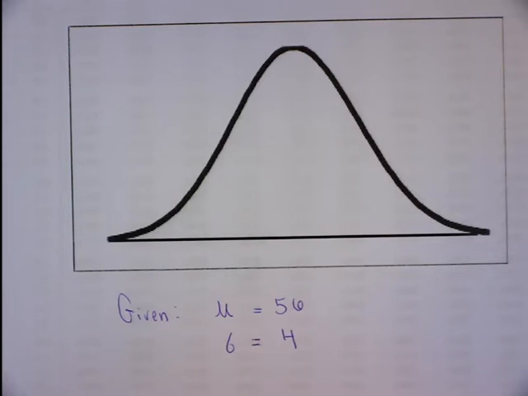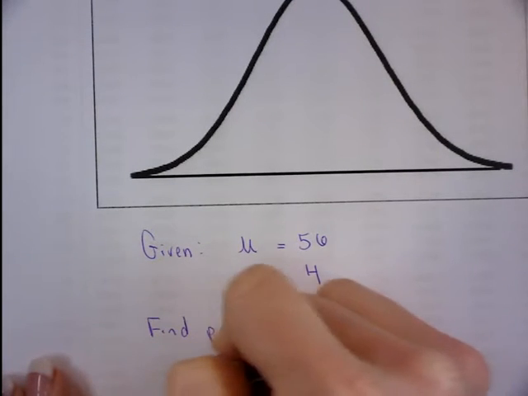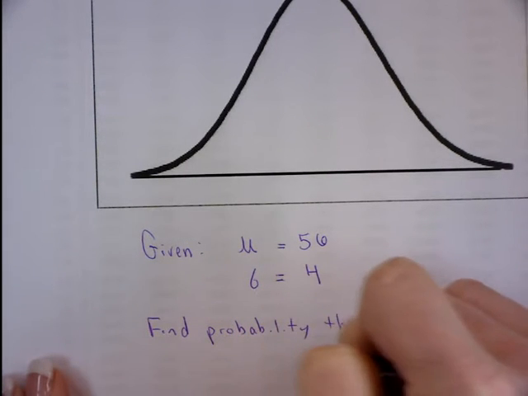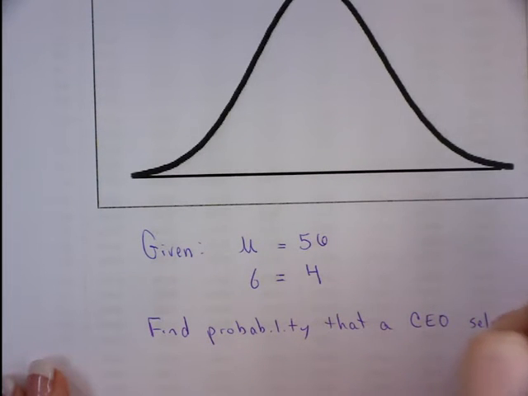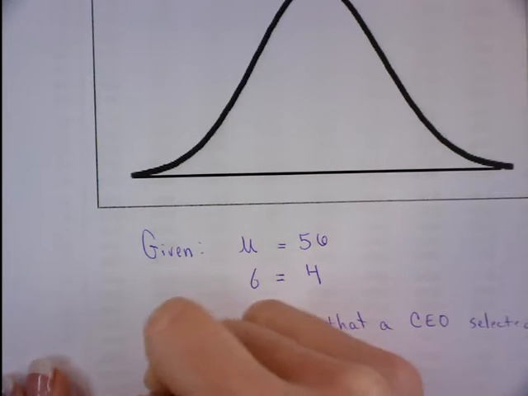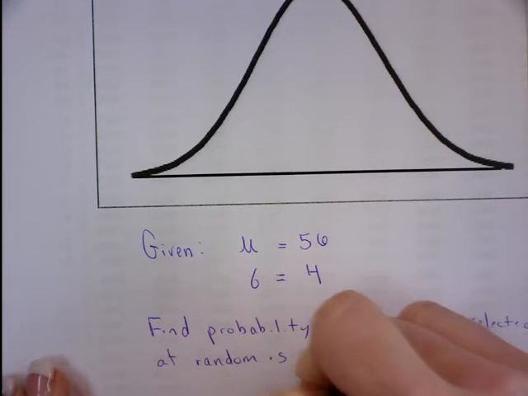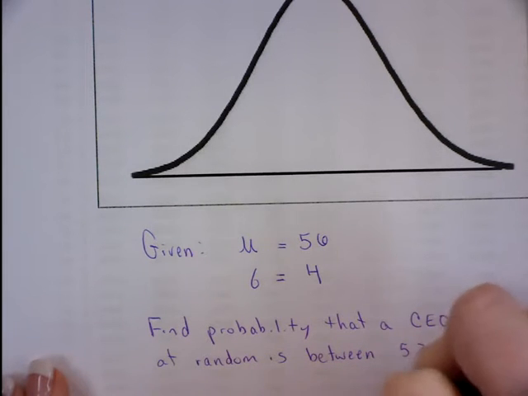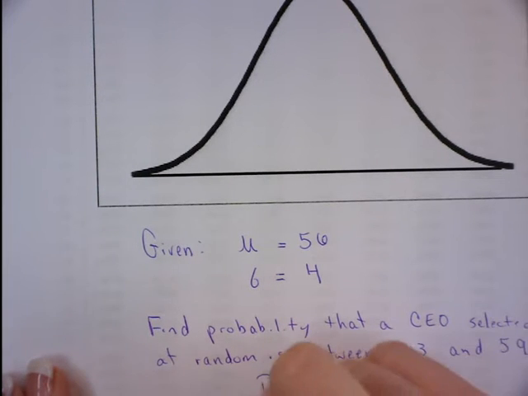Find the probability that a CEO selected at random is between 53 and 59 years old. And that looks like this.